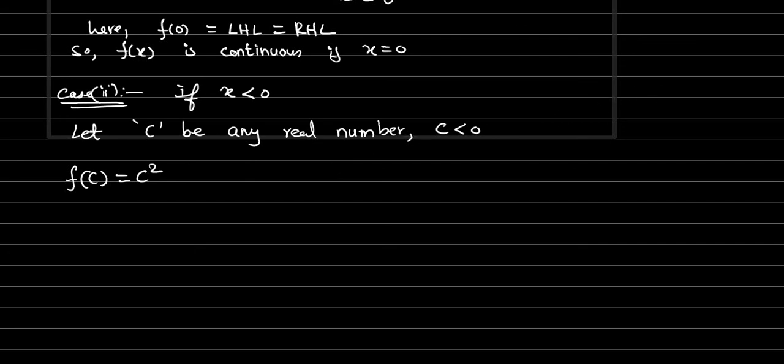Where does c lie? c lies somewhere in this portion, right? Just for explaining, I will name it minus 4. For minus 4, when x takes exactly minus 4, that value is also required, and we find the close values of minus 4 on the left side and right side. The left-hand side close values will also be less than 0, and the right-hand side values are also very close.